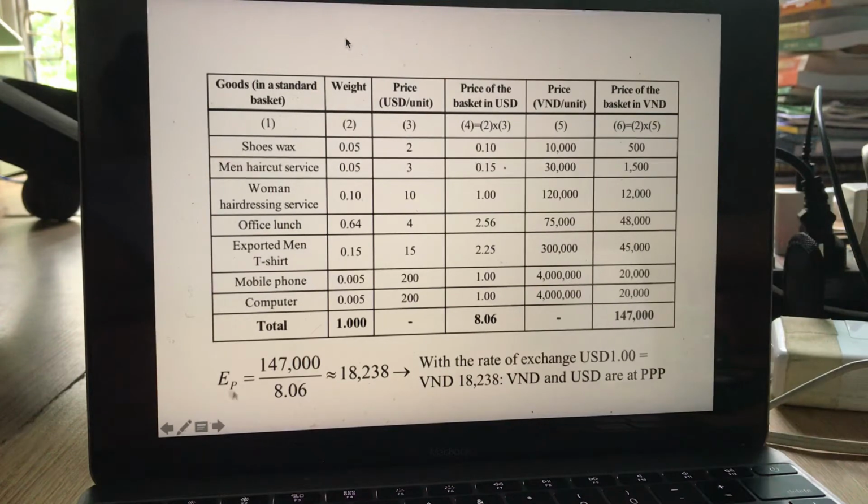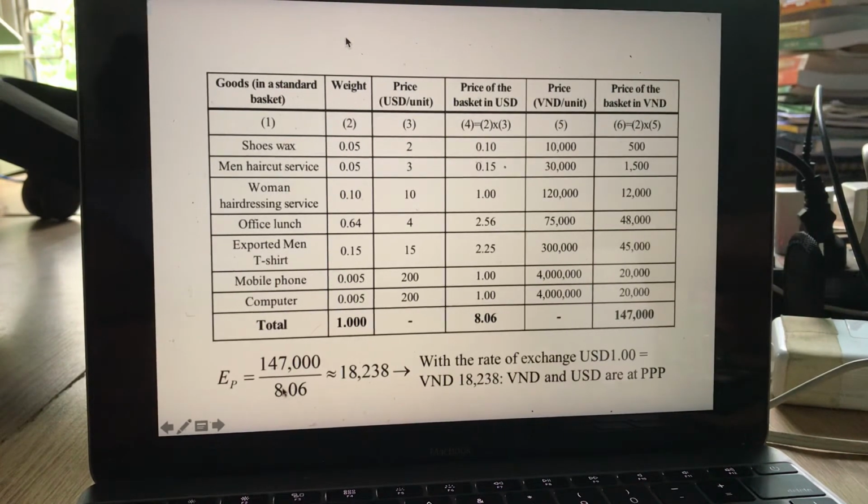Then we apply here E P equal to the price in the domestic currency divided by the price in the foreign currency, and that's the way we derive the purchasing power parity. And when the commercial bank, also the central bank, set the exchange rate, they make a reference to the purchasing power parity.